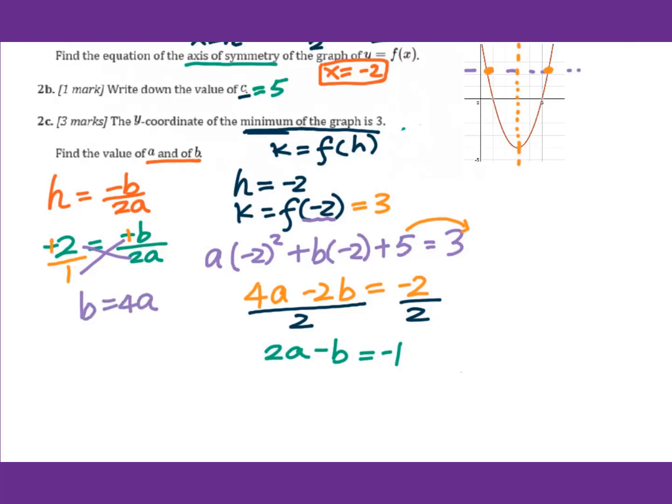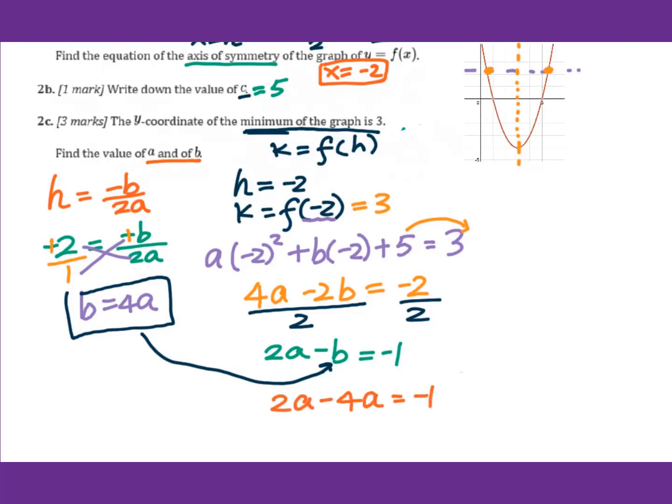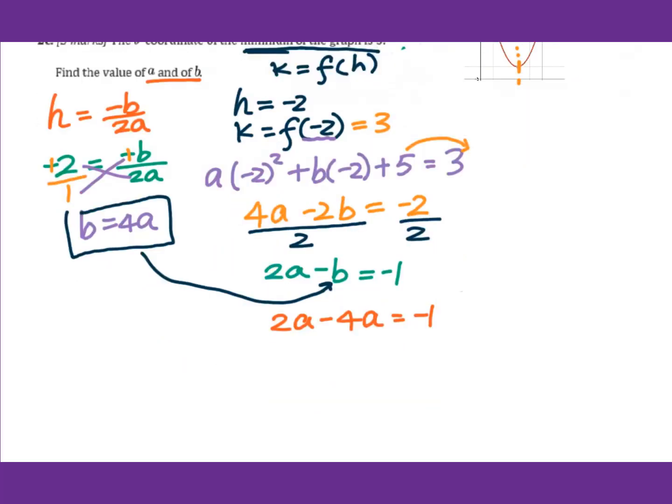Therefore, I plug B equals 4A into this equation. You will get 2A minus 4A equals -1. -2A equals -1, so A equals 1/2.